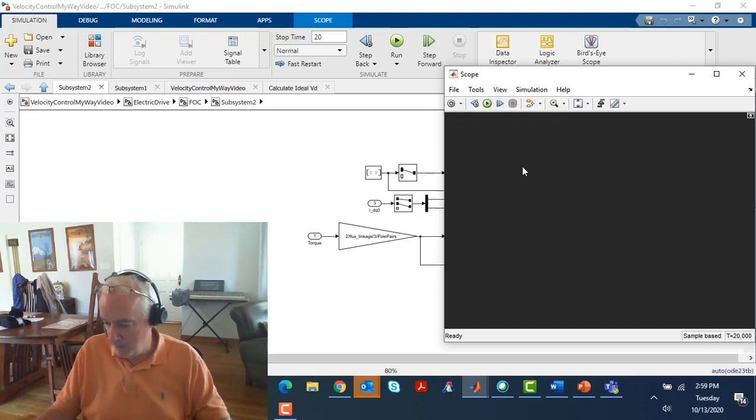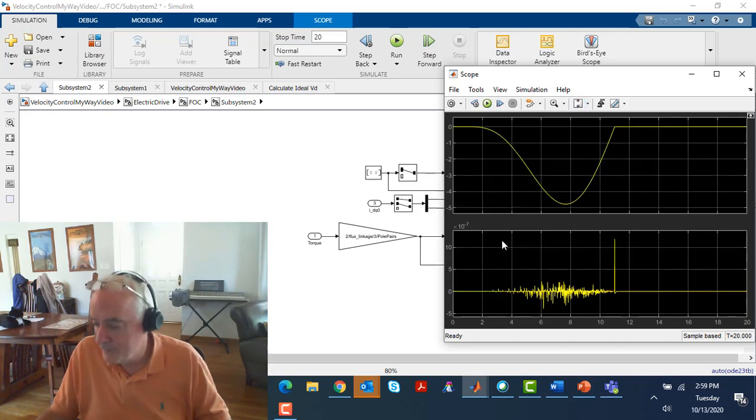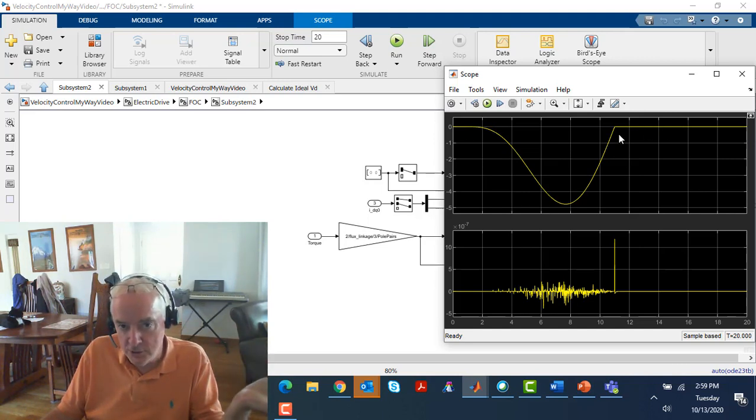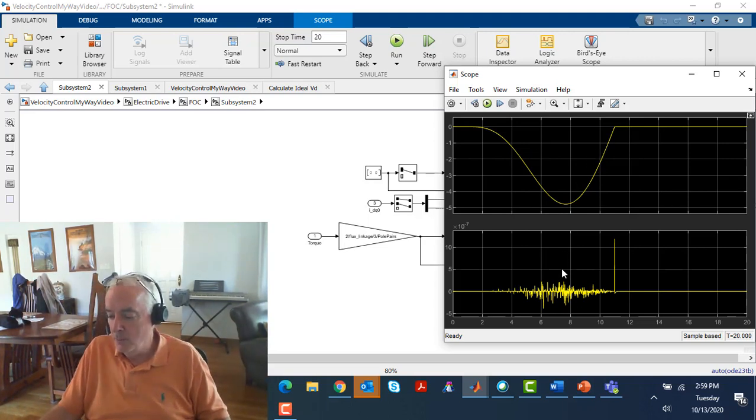I'm going to break up what's being plotted here into two separate scopes. We already saw that most of the contribution to the direct voltage is expressed right here, and that this is a small fraction, as far as the amplitude of oscillation. But we're seeing a couple of really important things.